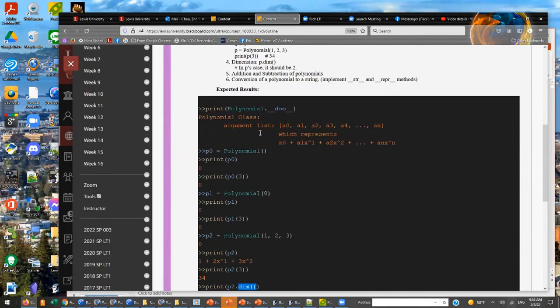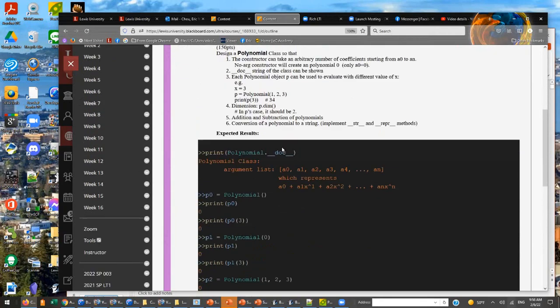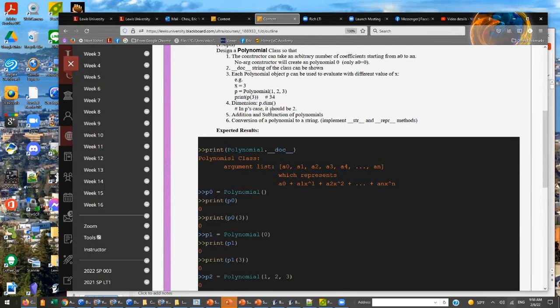It's a polynomial. Here you have, we want you to create a polynomial class, and it wants you to show the degree of the polynomials.